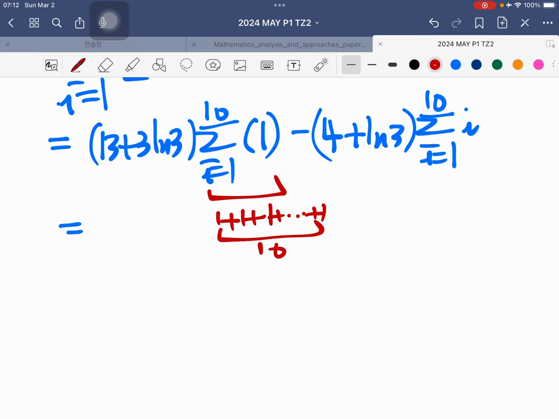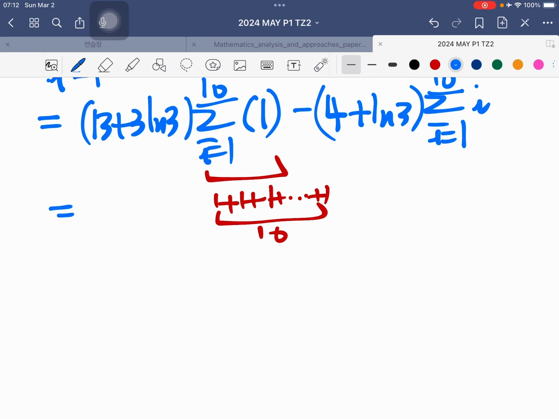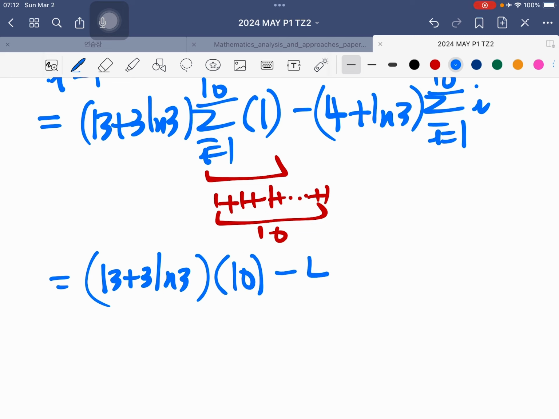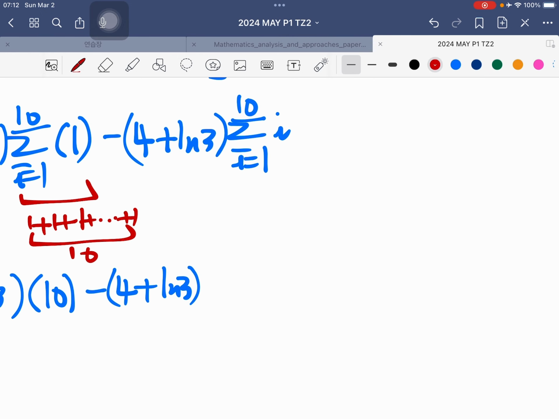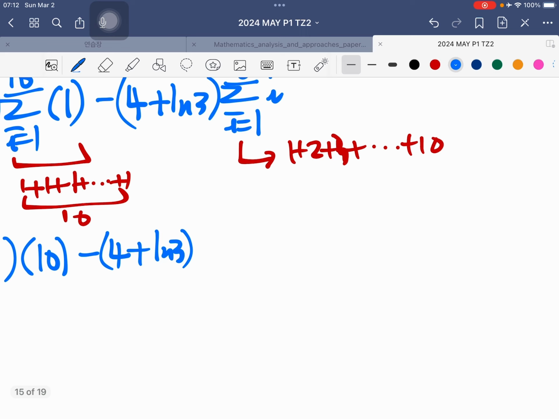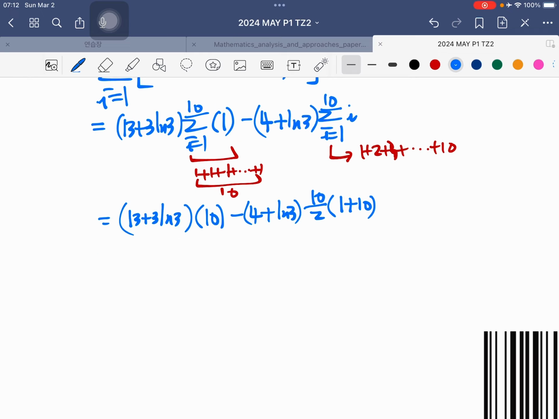There are ten 1s, so it's going to be 10, minus 4 plus ln 3 times sigma I from 1 to 10 of I, which means 1 plus 2 plus 3 all the way to 10. We can calculate this by the simple formula: 10 over 2, first term is 1, last term is 10.